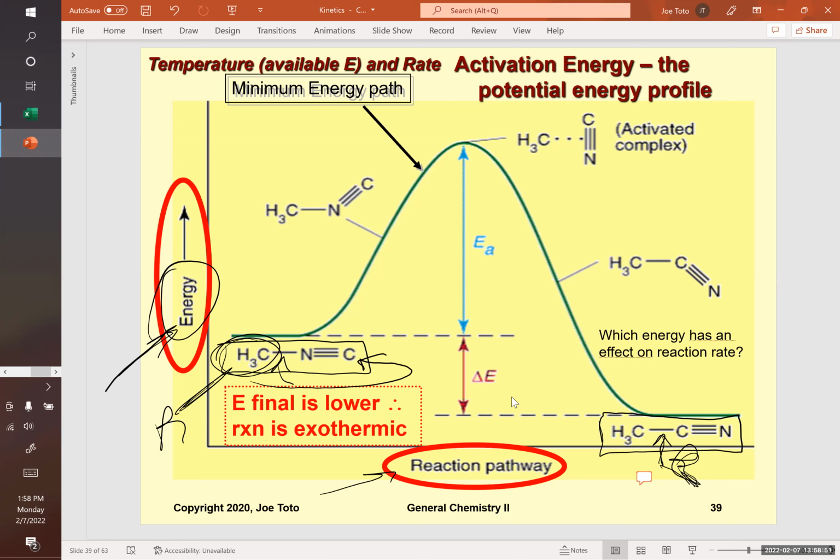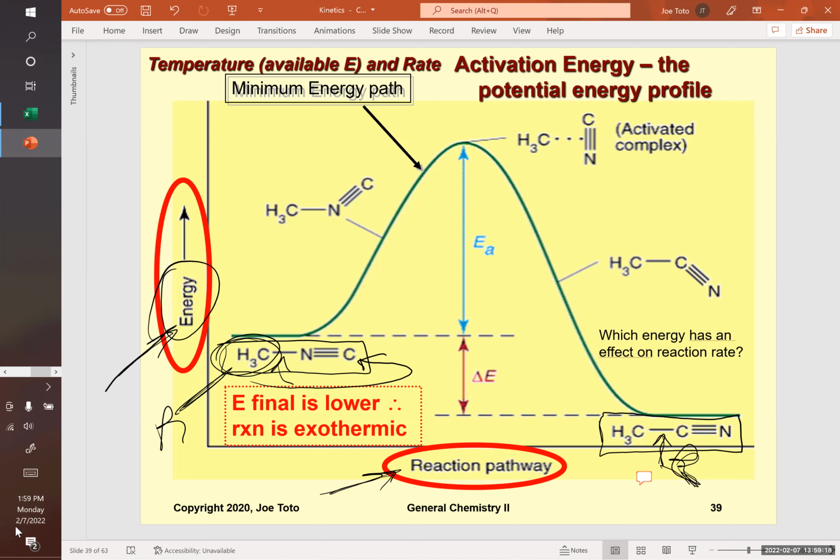In reality, this is a multi-dimensional hypersurface. Wait, what are the two coordinates? Potential energy and what? As the reaction proceeds. Well, what are the two coordinates? That's the two coordinates. One is energy. The other coordinate is as the reaction proceeds, or reaction pathway.